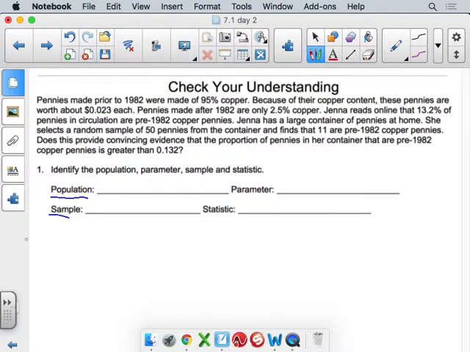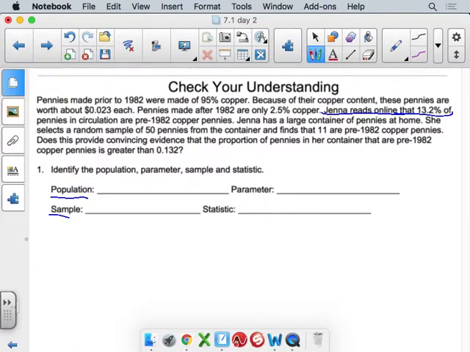Pennies that were made in 1982 have a higher percentage of copper. And so Jenna is wondering how many of those pennies made prior to 1982 are still in existence today, like haven't been thrown out. So she read online that 13.2% of pennies in circulation are pre-1982.